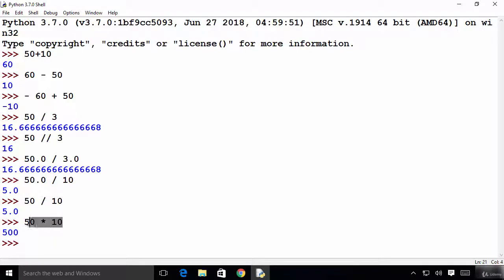What we are doing here, for example multiplying two numbers, dividing two numbers, or adding or subtracting two numbers, is called an expression in Python. So 50 multiplied by 10 is an expression. I have already told you that these symbols for multiplication or division are called operators.